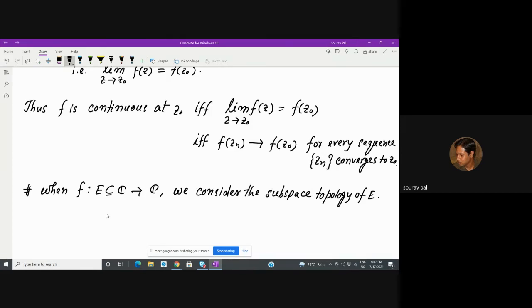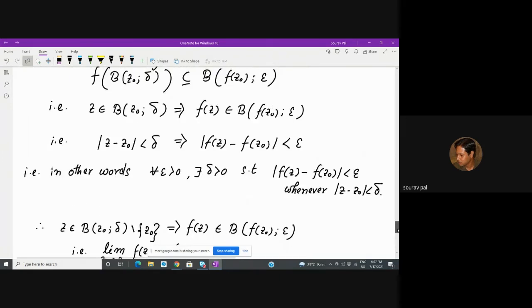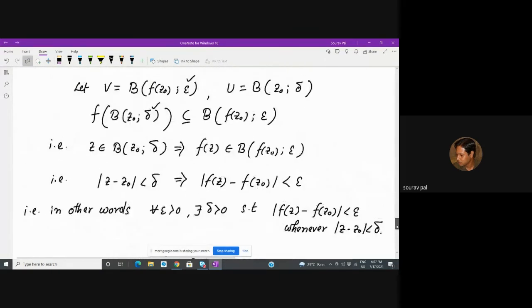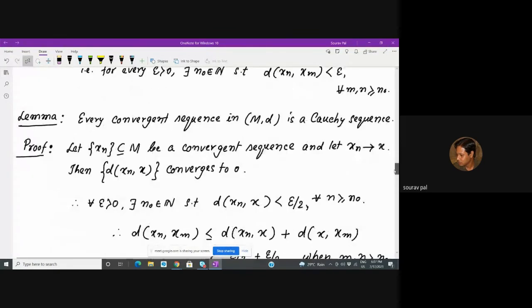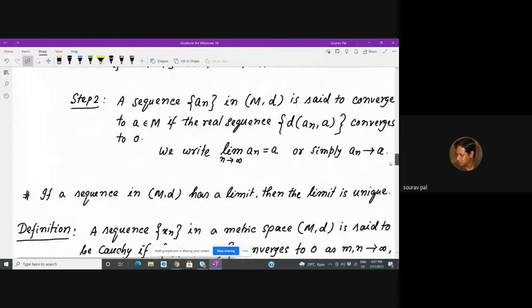So I guess now the notion of limit and continuity, though you are familiar with this, is now clear, along with the sequential criterion and everything. If you have any doubt, I have just recollected all these things.